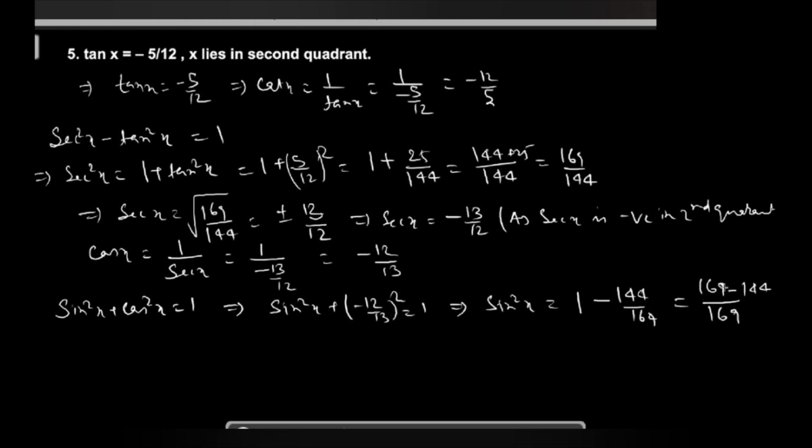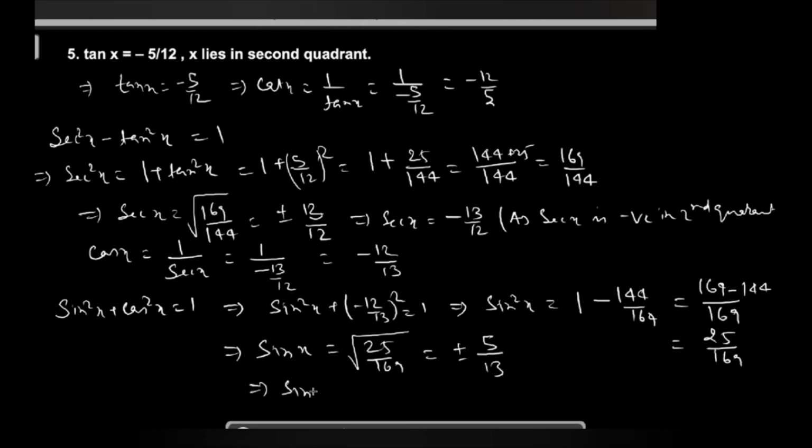And this will give me nothing but 25 upon 169. So my sin x is the square root of 25 upon 169, which is plus minus 5 upon 13. Again, my sin x would be positive in the second quadrant, so we will take 5 by 13.